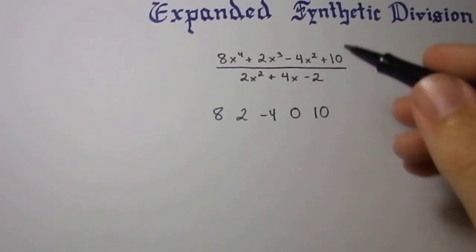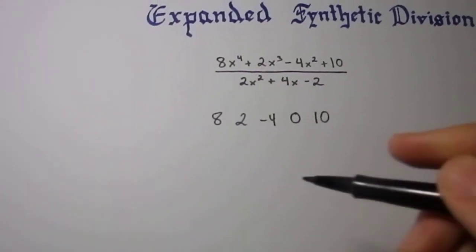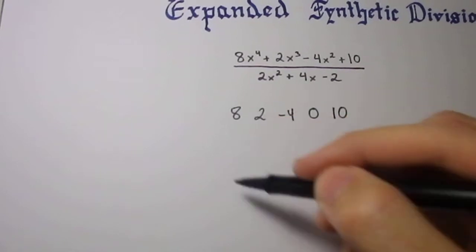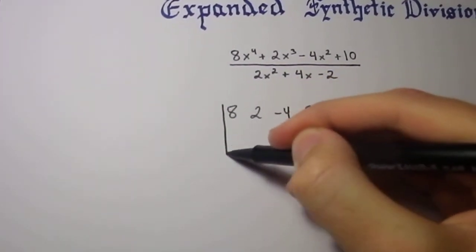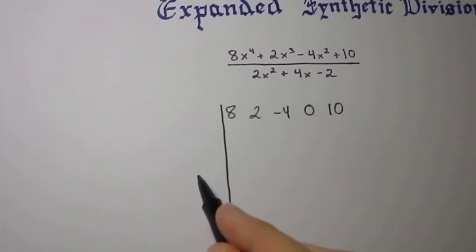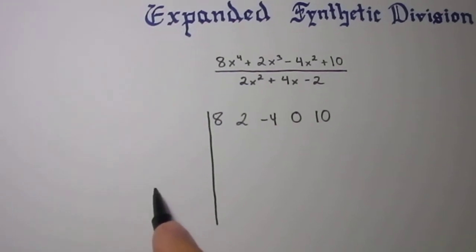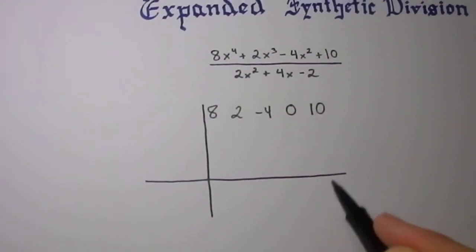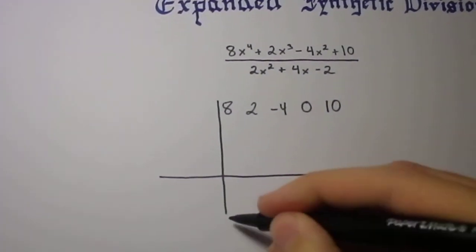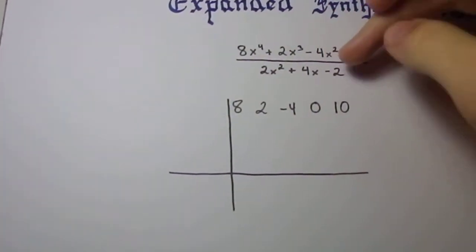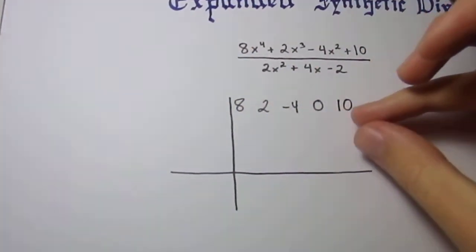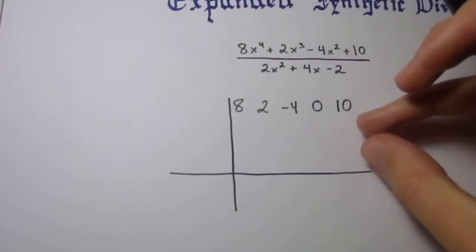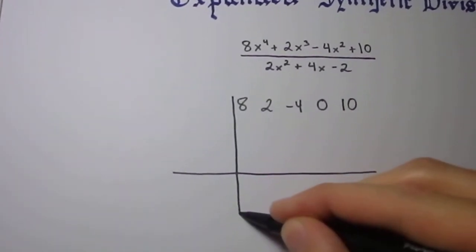So what I would do then is just go ahead and set this up first. Draw a long line, and then a line this way, and then since you have 3 terms here, try to leave like 2 rows here and 2 rows here.